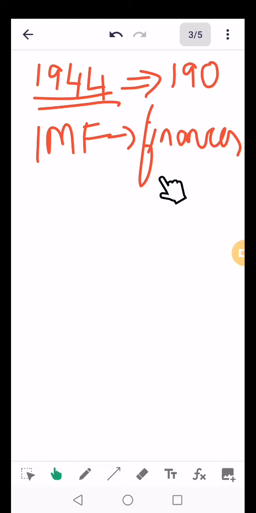Each member is assigned a quota based broadly on its relative position in the world economy. Initially, when they join as members, they pay some amount. This creates a pool. Countries can then borrow from this pool when they are in some financial difficulty. That's how finance is arranged.